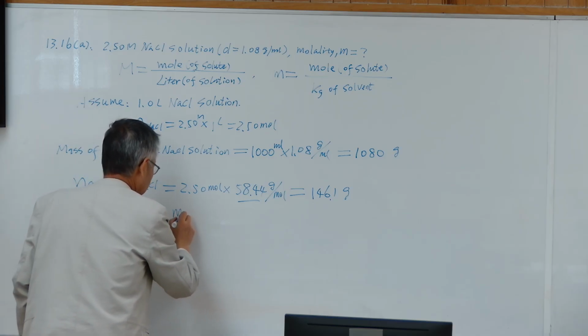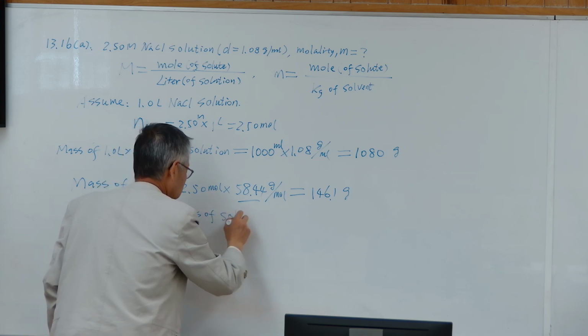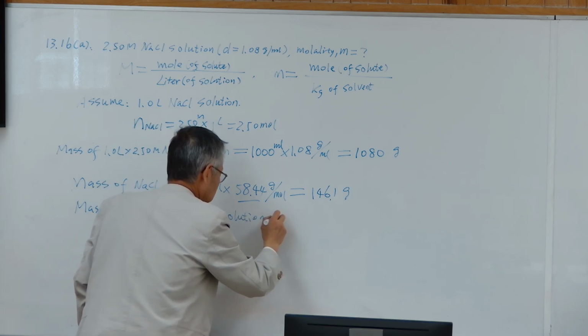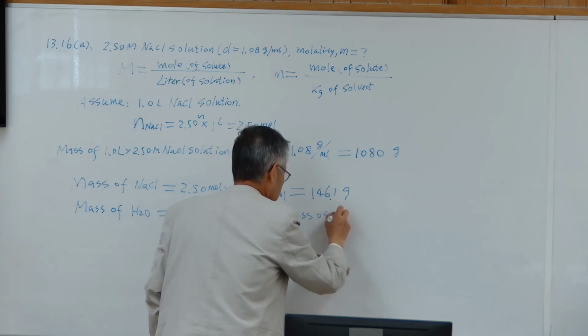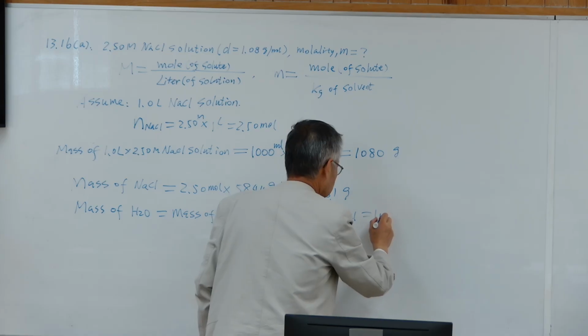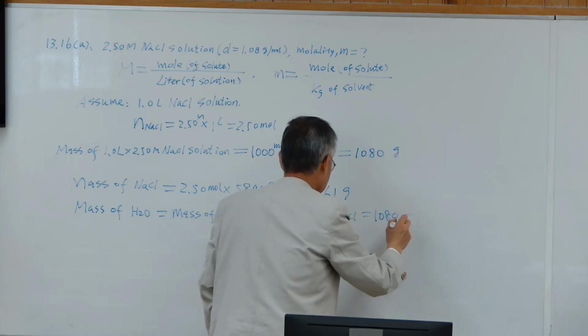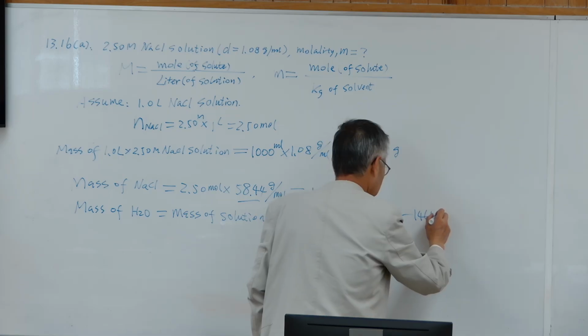Because it is the mass of solution minus the mass of sodium chloride. Mass of solution is 1080. Mass of sodium chloride 146.1.